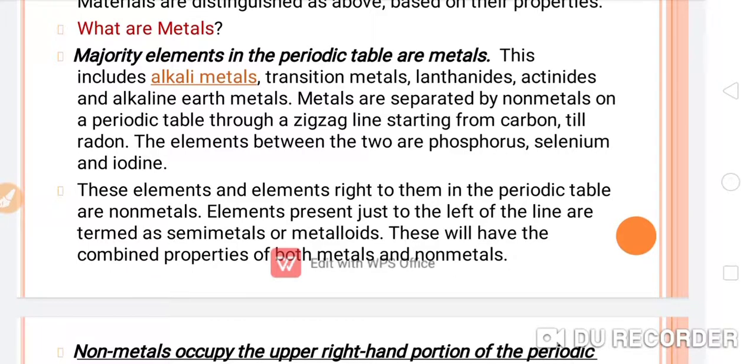Elements present just to the left of the line are termed semi-metals or metalloids, meaning these elements will show both kinds of properties. These will have combined properties of both metals and non-metals.